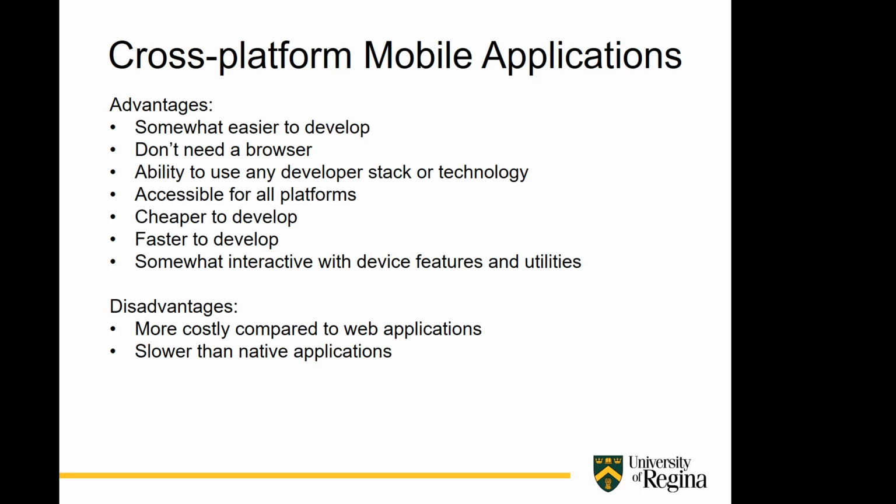They also have access to device internal APIs, so they can access device features like the microphone, camera, location, and so on. A lot of that depends on the actual framework. There's actually many different frameworks available, which I will talk about a little later. Cross-platform applications are much easier and faster to develop than native applications, simply because you only need one piece of software that is compatible with multiple platforms.